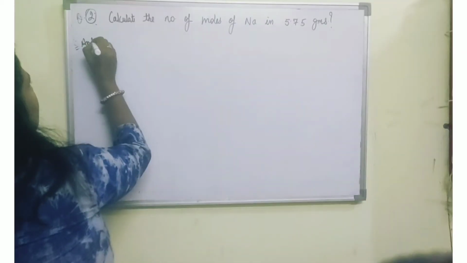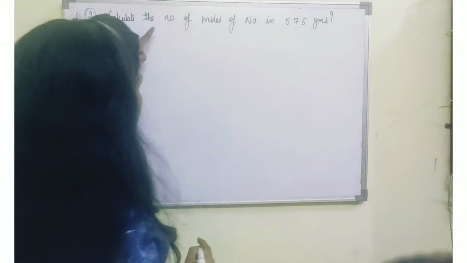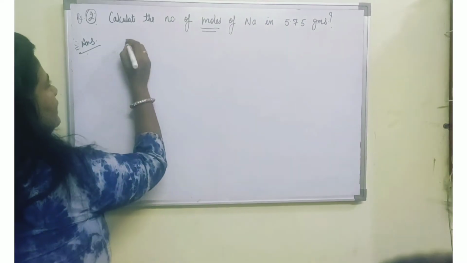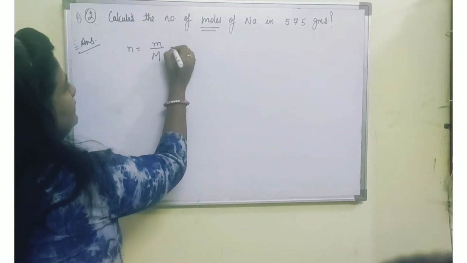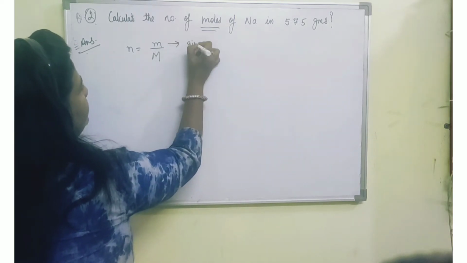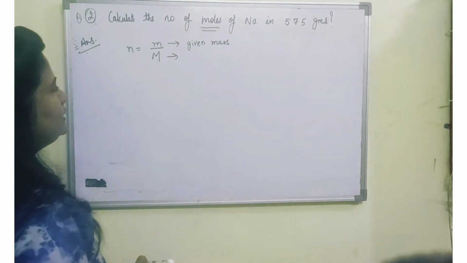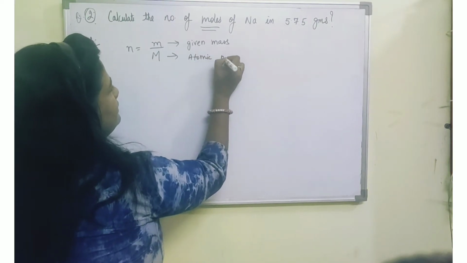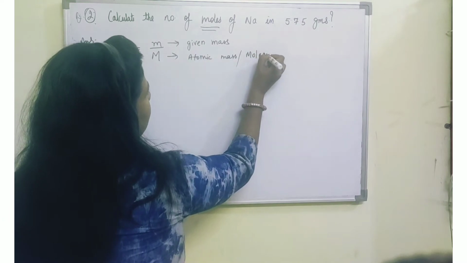Answer or solution. You have to calculate the number of moles. You have to find out the moles. So you have the formula small n is equal to small m upon capital M. Small m is given mass of substance or element, and capital M is atomic mass or molar mass, molecular mass.